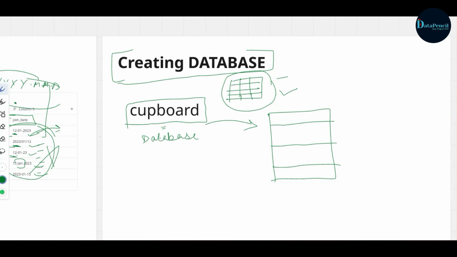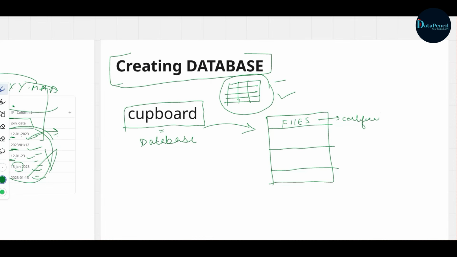In the first shelf you kept the file of certificates. Whatever certificate you have till date, you kept all those certificates in shelf 1. Now in shelf 2 you kept the file of the documents related to your house.